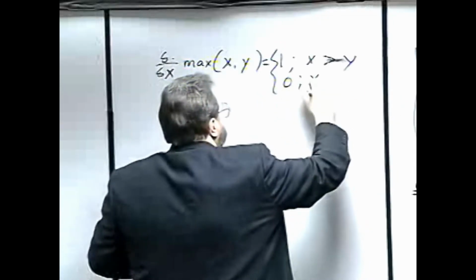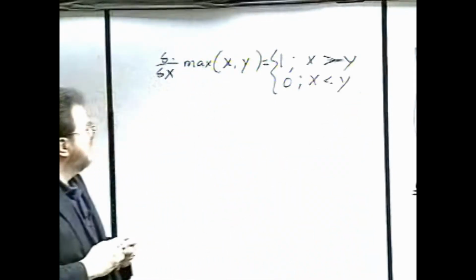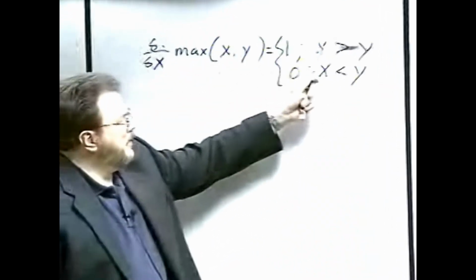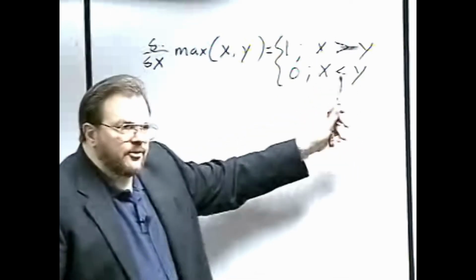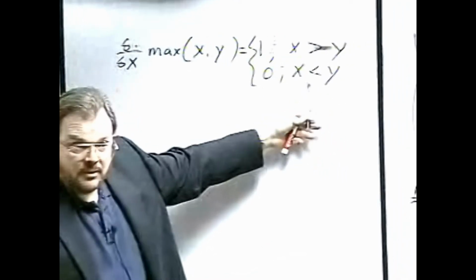Do you remember what it was? It's equal to 1 if x was the maximum and 0 otherwise. Do you remember us proving this in class here?